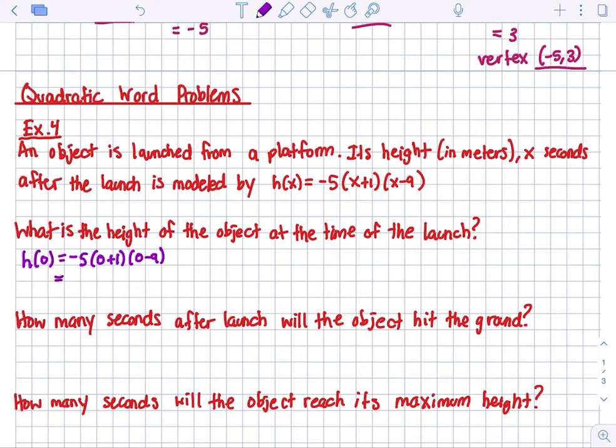And we solve. Negative 5 times 1 times negative 9 is equal to 45. So, what is the height of the object at the time of the launch? About 45 meters.